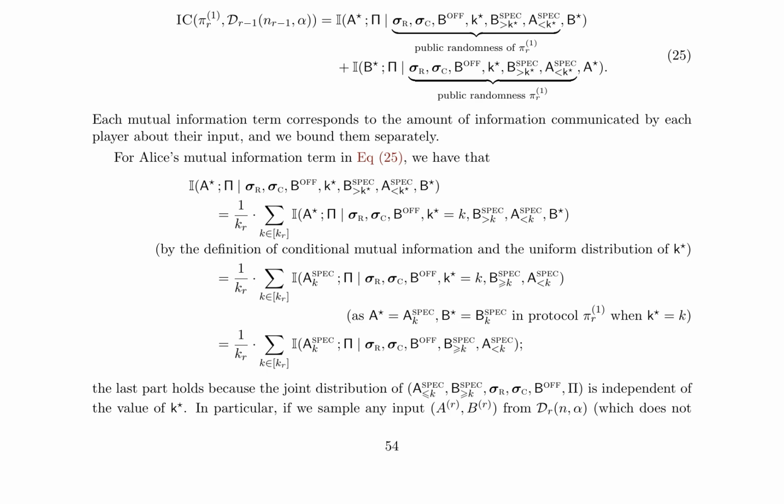Observation 5.7 states that in protocol pi_R^1, (A_R, B_R) is sampled from D_{N,R,alpha}, and (K*_R, K*_{R-1}, K*_{R-2}, ..., K*_0) is a uniform random search sequence. Claim 5.8 proves that the internal information cost of pi_R^1 about its input sampled from D_{R-1} is 1/k_R times smaller than the information cost of pi_R about its own input sampled from D_R.